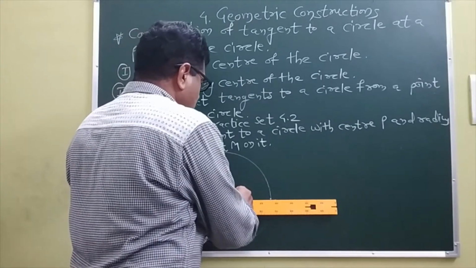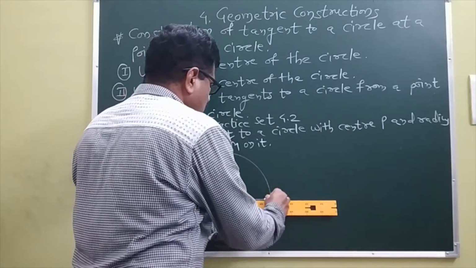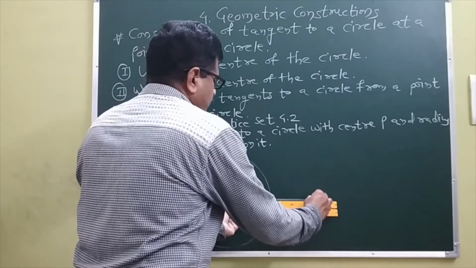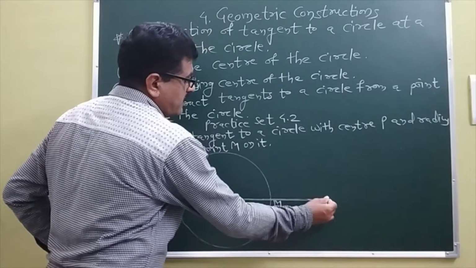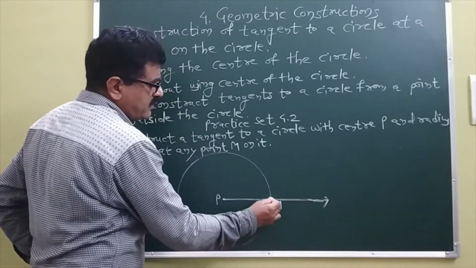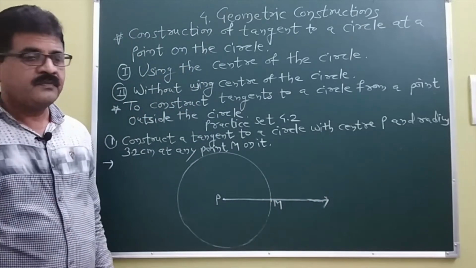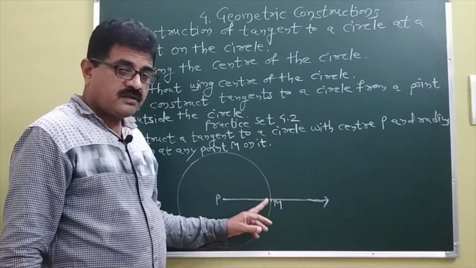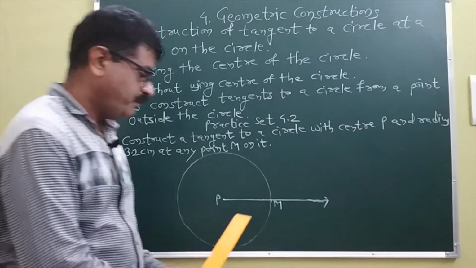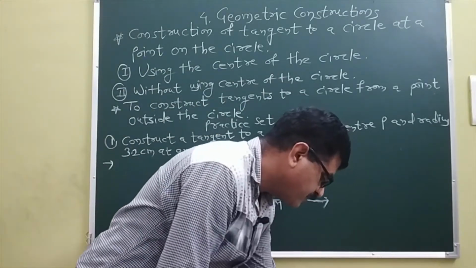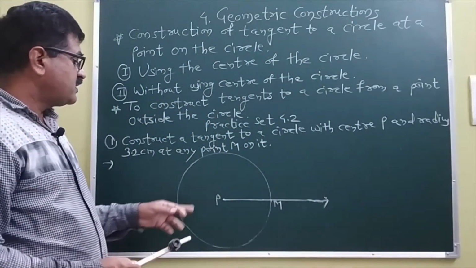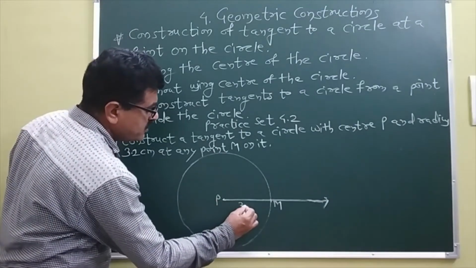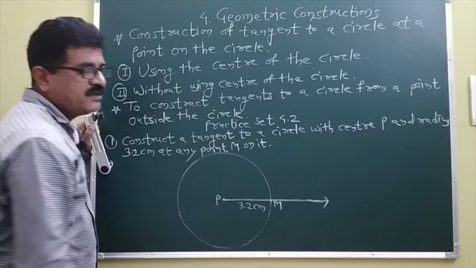Now first draw a ray passing through this point M. We have to draw a tangent line passing through point M. First step, draw a circle of radius 3.2 cm.